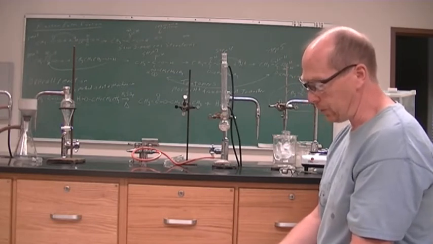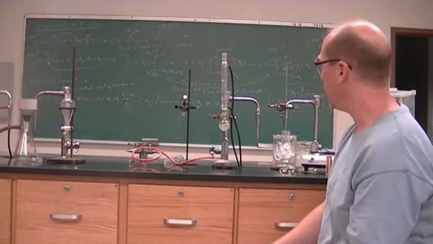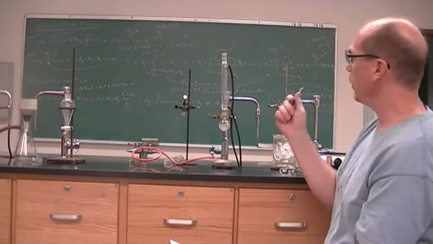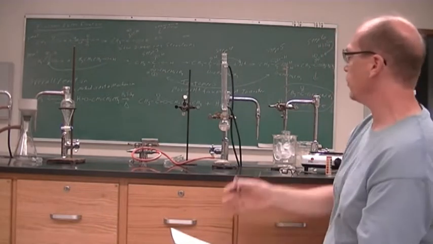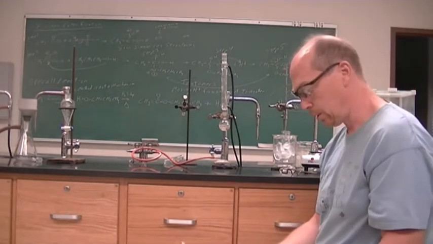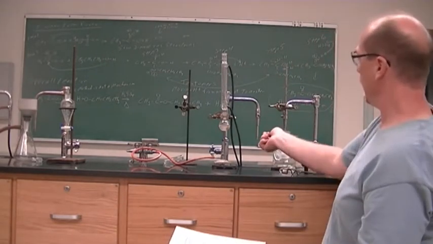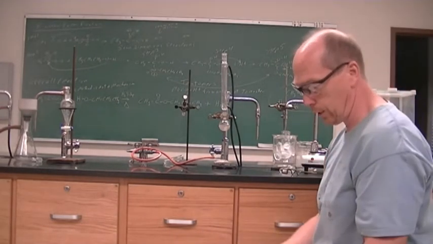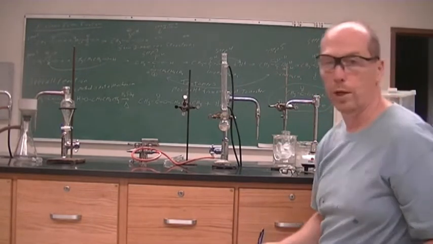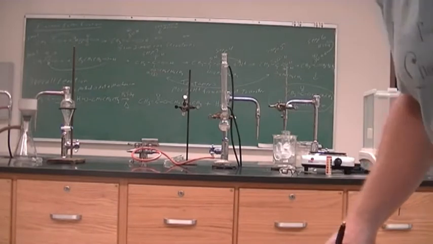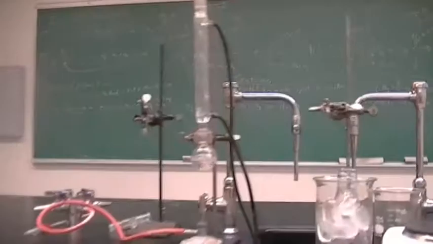And that is to get this into a distillation. And so we are going to convert our reflux into a distillation, and then we're going to distill the liquid over to the right side. And I have an ice-cooled collection flask ready to go for that as well. All right, so I just wanted to show you what the distillation or the reflux looks like. I'll get it closer. It's not much to see.